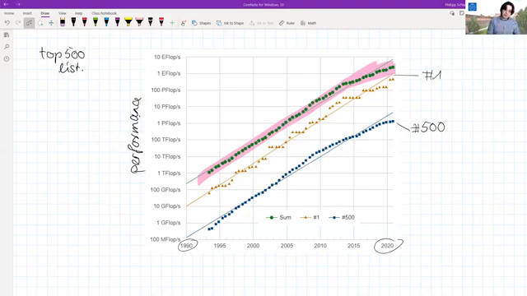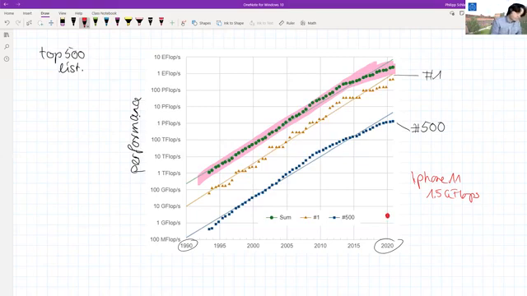Well, it turns out that an iPhone 11, which is from 2019, I think, has a performance of roughly 1.5 gigaflops. So just one iPhone would actually be around here.